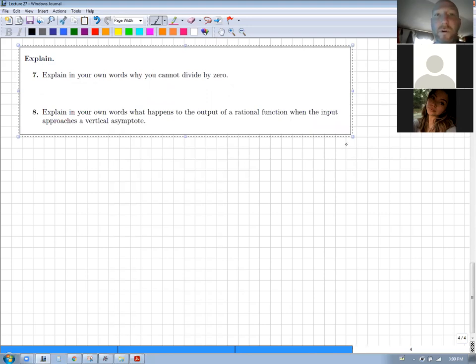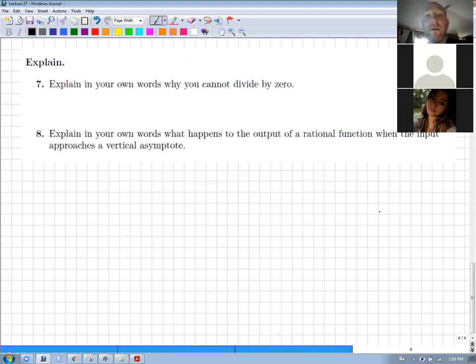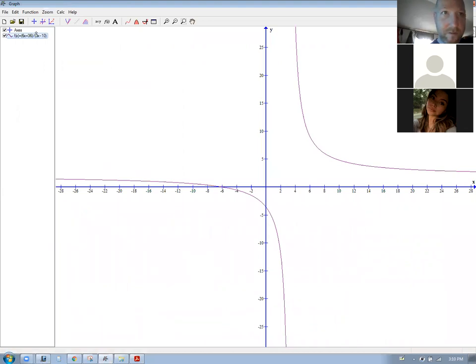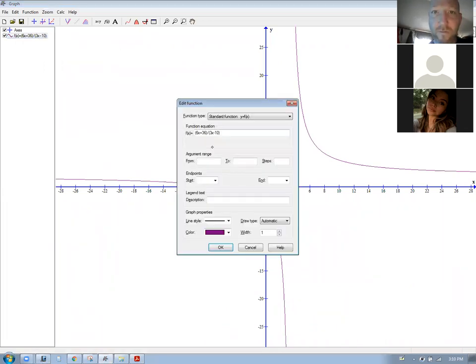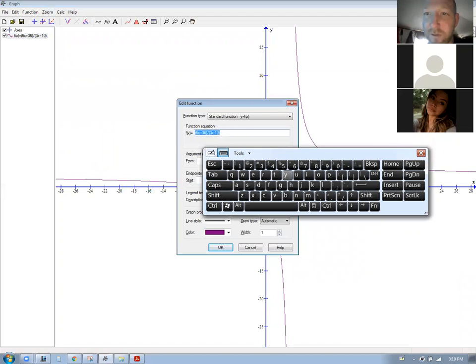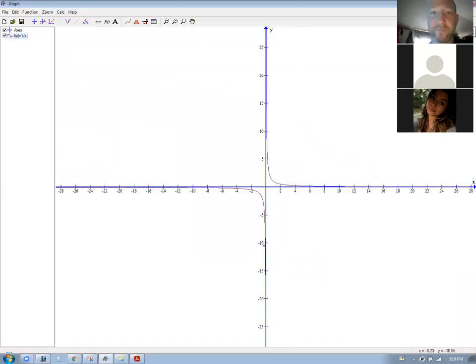So explain in your own words why you cannot divide by 0. All right, well, let's look at a function called 1 over x, 1 divided by x. Let's zoom in a little bit.